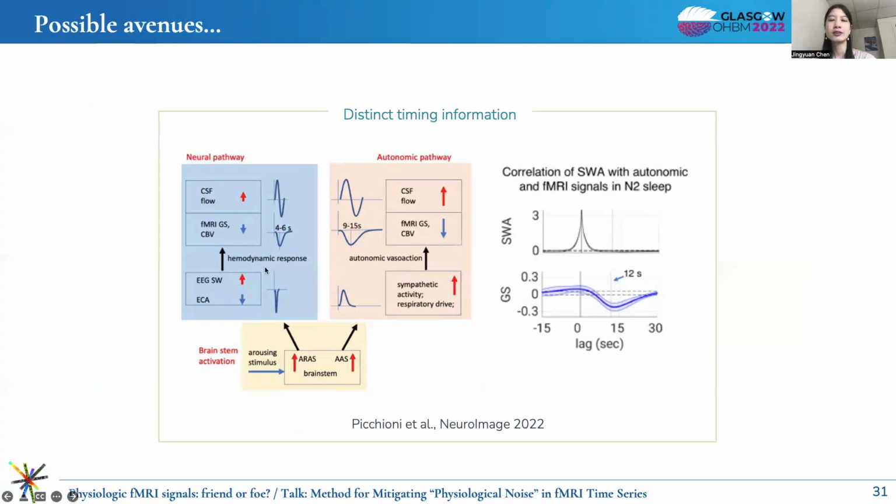For local neurogenic responses, it may take 4 to 6 seconds for the signal to peak, while for these physiodynamics, it will take a much longer lag. So this recent study basically used this distinction to infer the dominant drive of fMRI signal changes in stage N2 sleep, and the observation of a longer delay relative to slow wave activity suggests a larger contribution from physiological sources in this state.